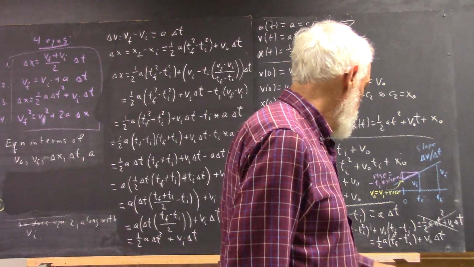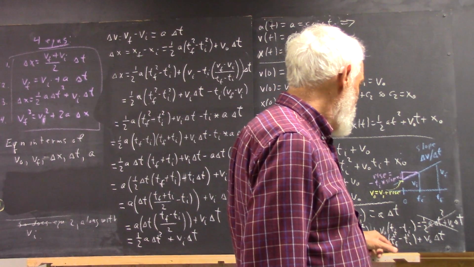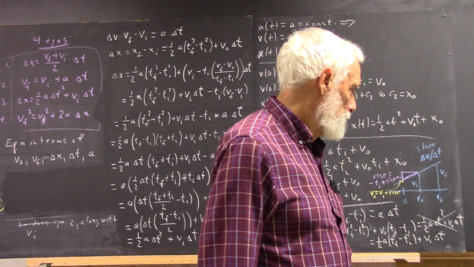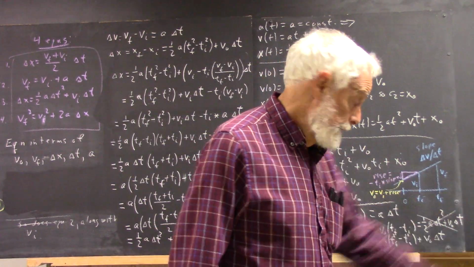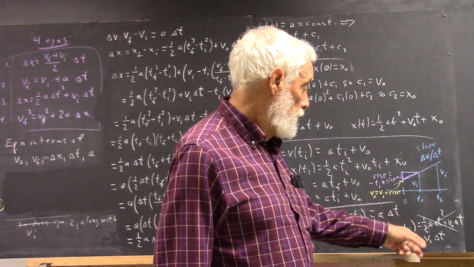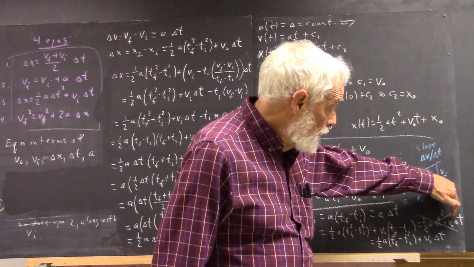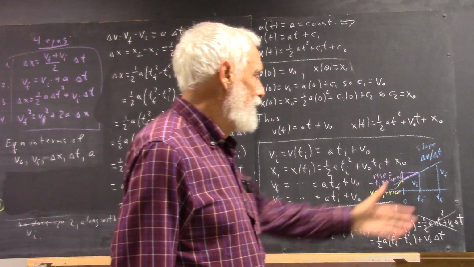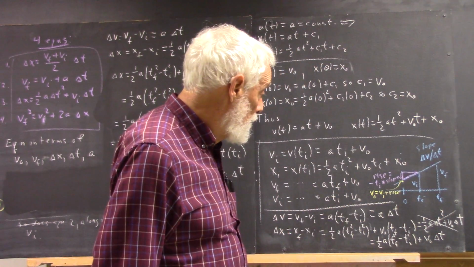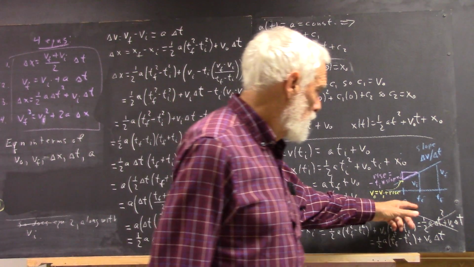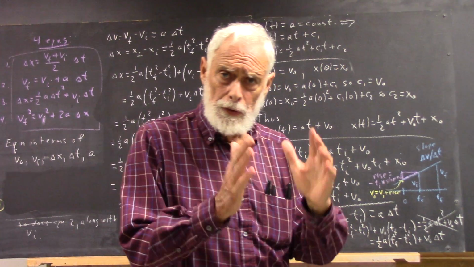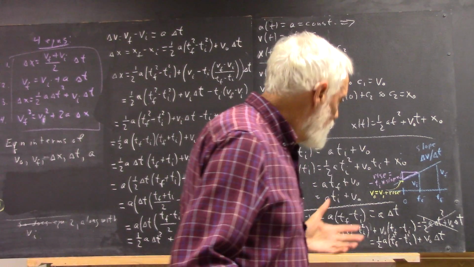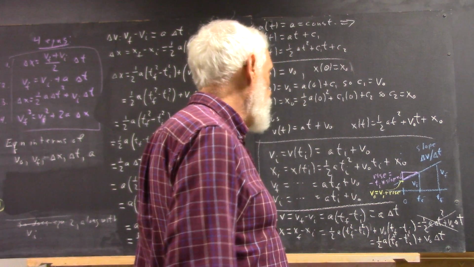The delta t squared really should have been tf squared minus ti squared. I was anticipating where I was going and didn't bother with the details of how I was going to get there. V naught delta t has the problem that v naught is at the t equals 0 time, and that's not part of the information that we're using within this one time interval. But it's easy to get that.